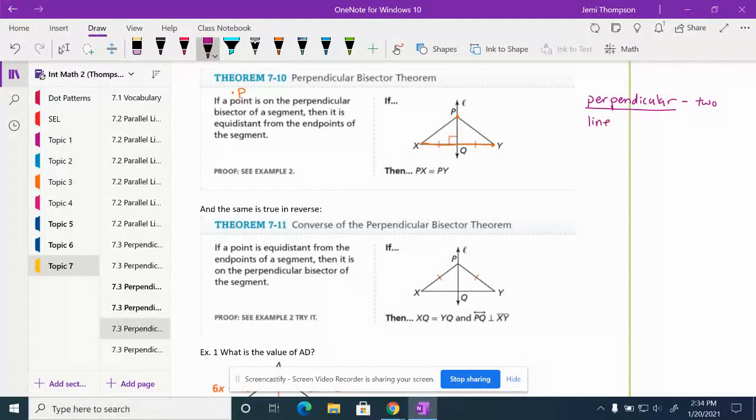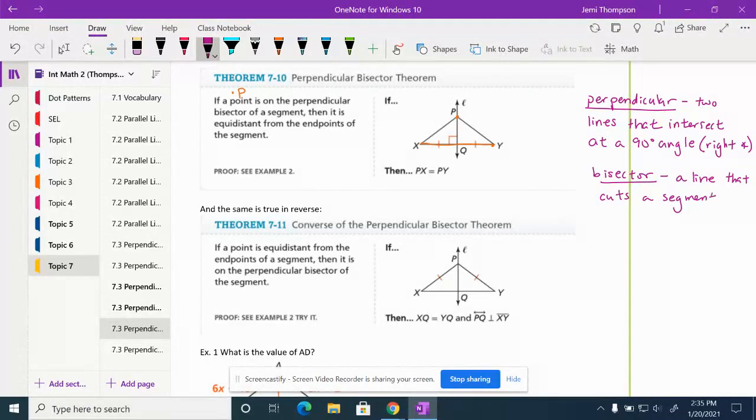Two lines that intersect at a 90-degree angle. We call that a right angle. And then a bisector is a line or ray or segment that cuts a segment in half so that you have two equal parts.